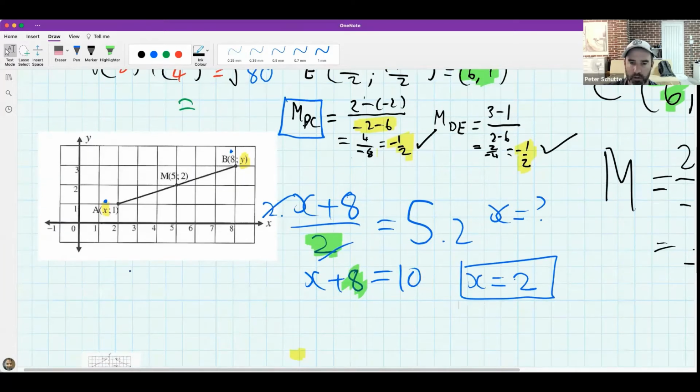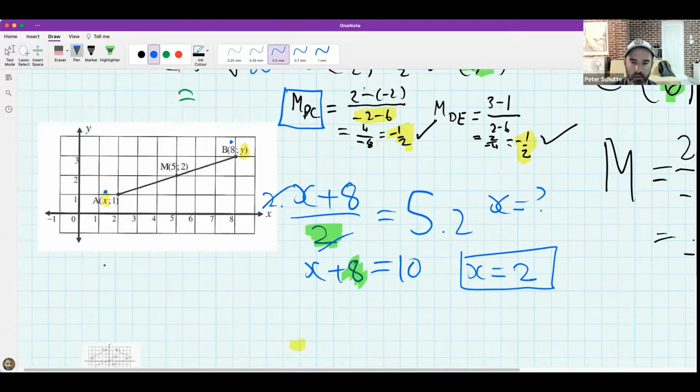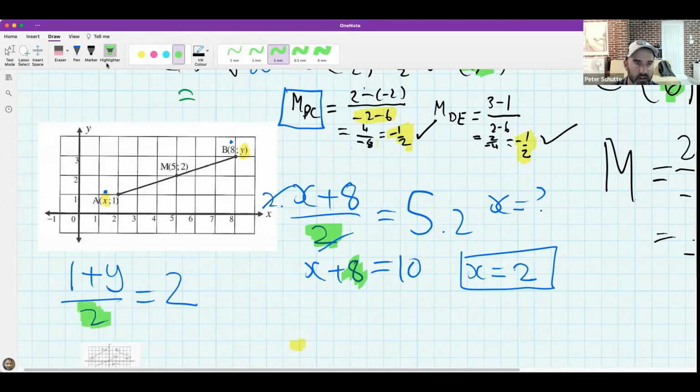Move up a little bit. So using the same idea, the y coordinate for A is 1. And if I add the y's together and divide by 2, I should get 2. I'll give a little bit more time. So the problem is this thing over here.